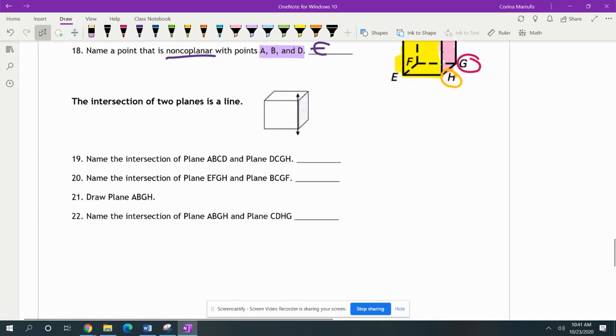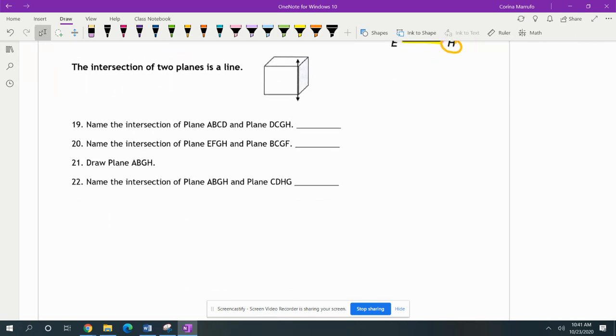All right. The intersection of two planes is a line. So if I get this plane here, and we have this plane here, they intersect at a line. Name the intersection of plane ABCD and plane DCGH. The way you're able to tell is we see which letters they have in common, and they both have a C and a D in common.